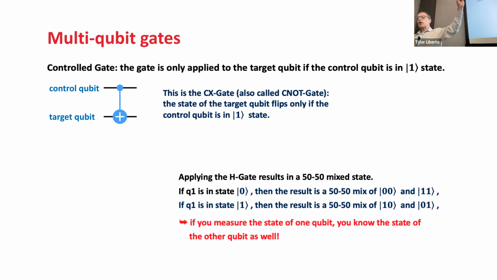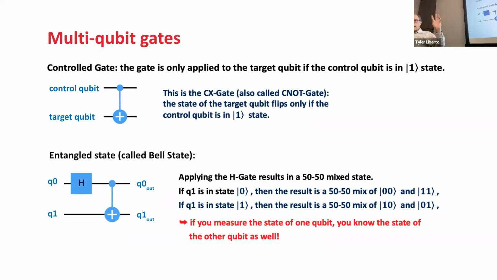If the control qubit, the first qubit, is in state 0, then I don't do anything with the other qubit. With that, I have the possibility to steer the system, and you can do quite a lot of things with it. Here is an example, the controlled X or controlled NOT gate that is very often used. That allows us to flip the spin of the second qubit depending on the orientation of the first qubit.